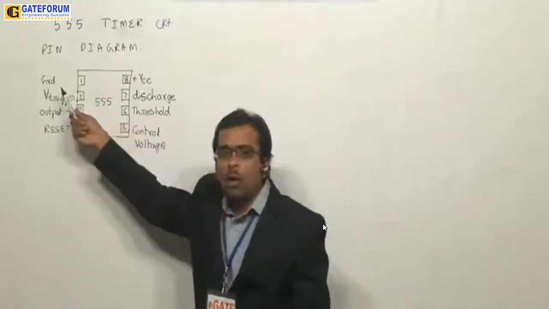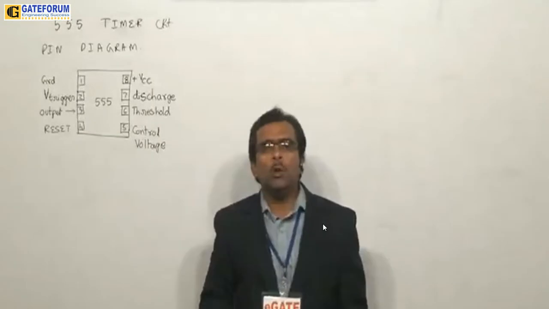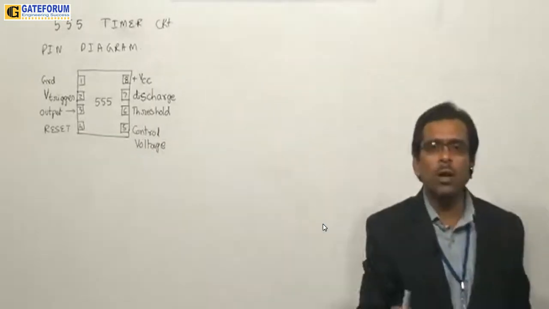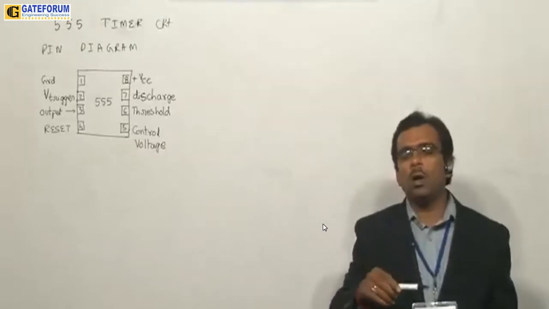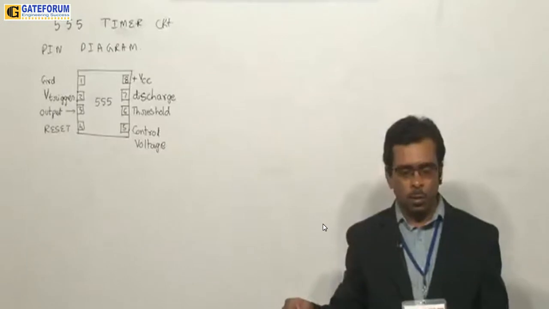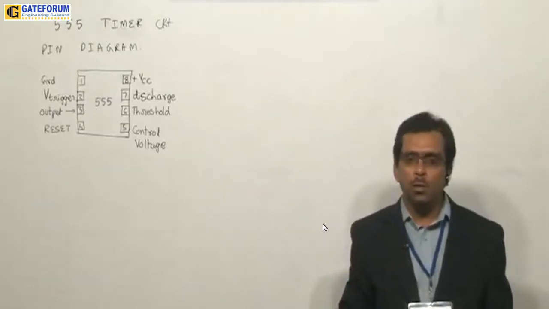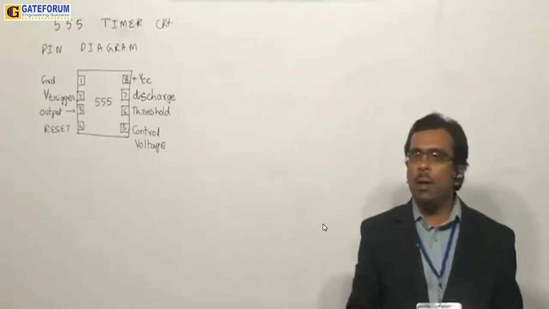Everybody try to see here, when you observe this ground pin: when you do the experiments in the lab, why do most students get proper results? Because you ground it to the ground part of the breadboard or any other provision you have. But you should not connect like this when you are working with integrated circuits.